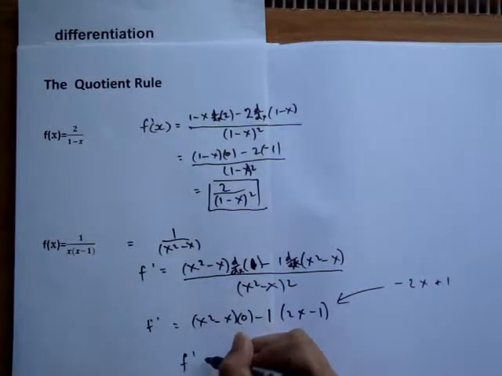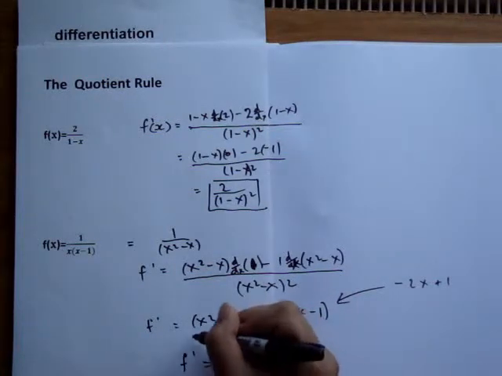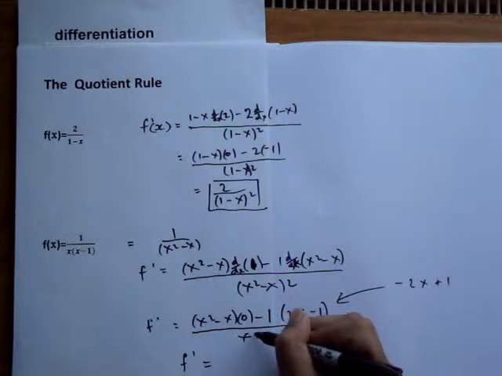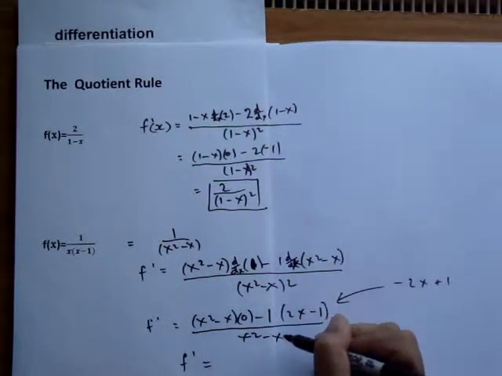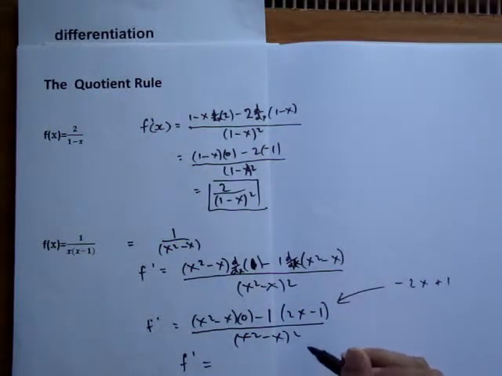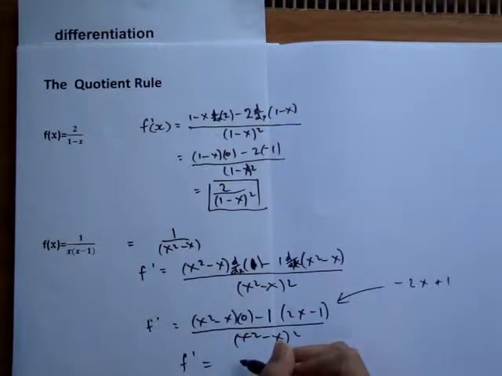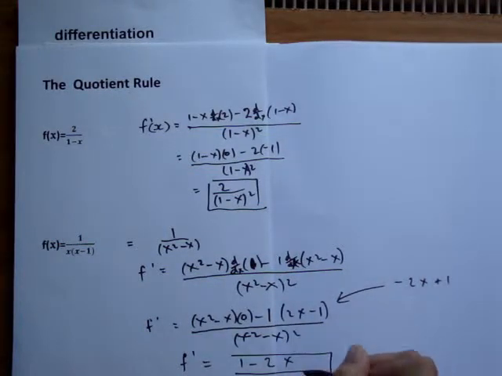So when we rearrange, that should be over x squared minus x squared. When we arrange this, we get 1 minus 2x all over x squared, x minus 1 squared. And that is your answer.